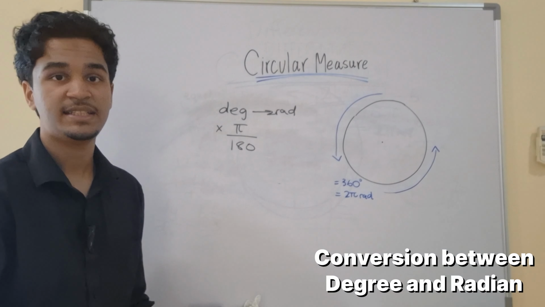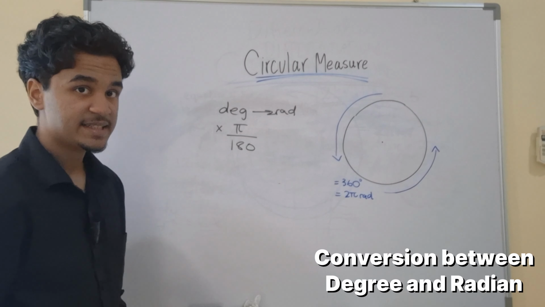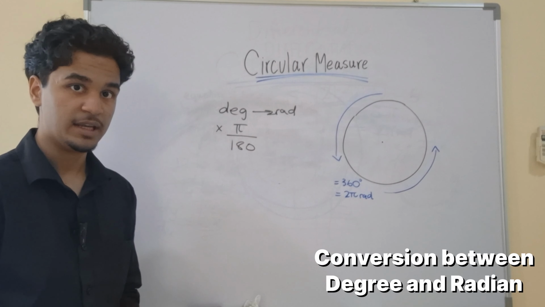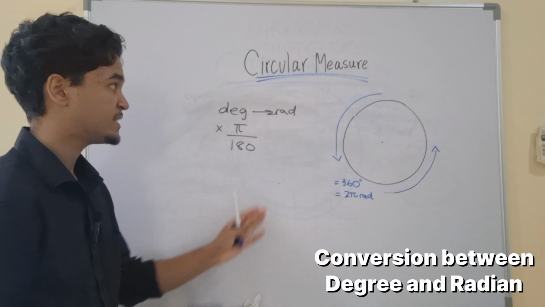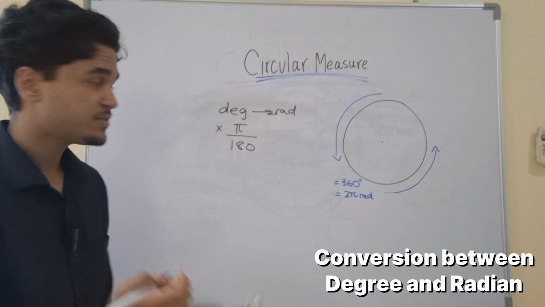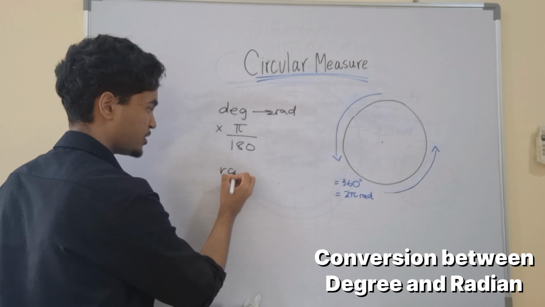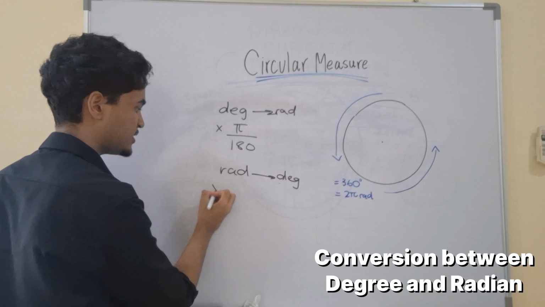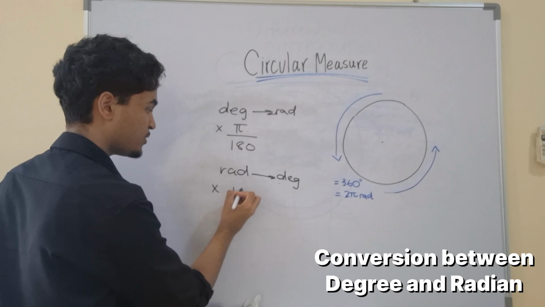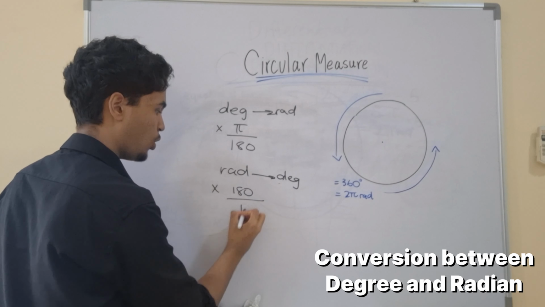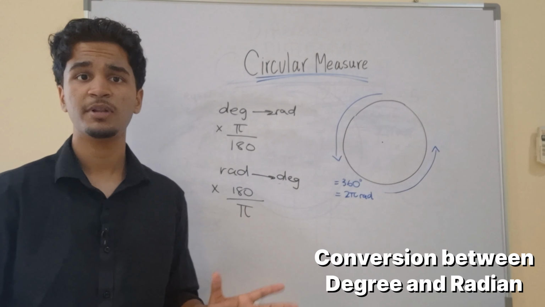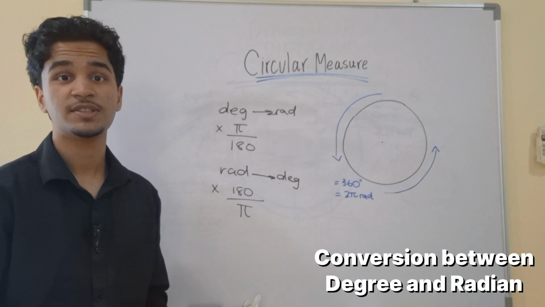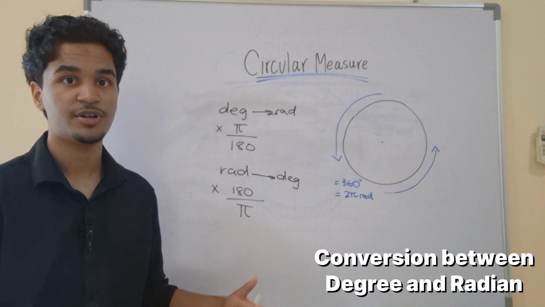For example, let's say 60 degrees, you multiply 60 degrees by pi over 180, and the value you end up with is going to be in rad. Vice versa, if you want to convert radians to degrees, you multiply your value by 180 over pi. These formulas are very simple to follow, so let's use a few examples to further demonstrate what this means.